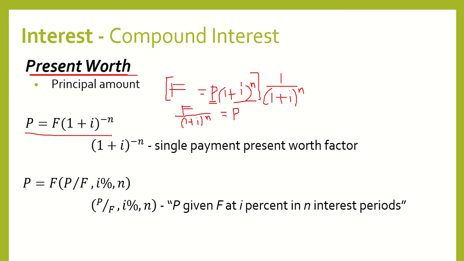So that is why we have this equation for the present worth. Now this quantity here is called the single payment present worth factor. If you compare it to previous, that is the single payment compound amount factor. We can also rewrite this in this notation: P given F, meaning this is the unknown value, this is the given value, at I interest rate in n compounding periods.